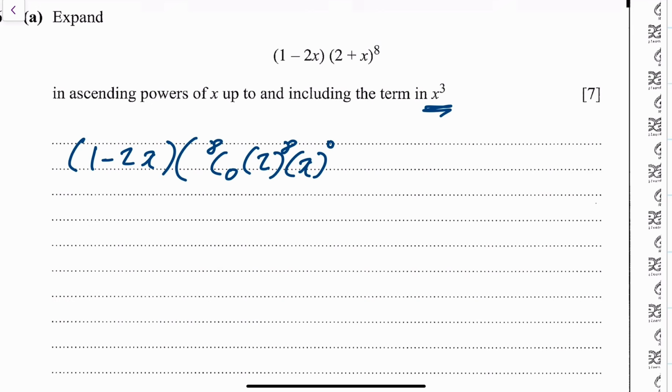Now the trick for this, once you get the first term done, this 8 is always going to be the same. These two numbers are always going to add to give the 8, and as this number decreases, this number increases.